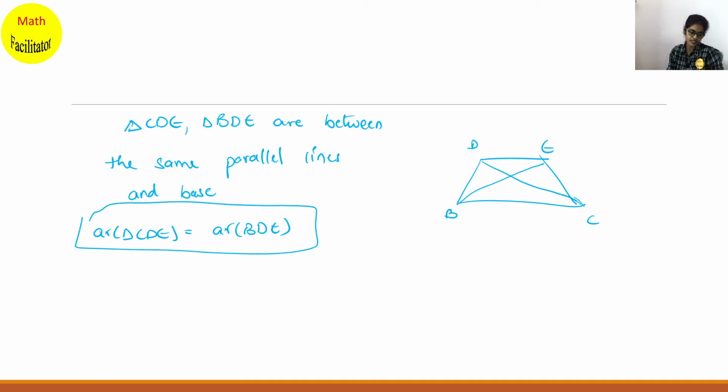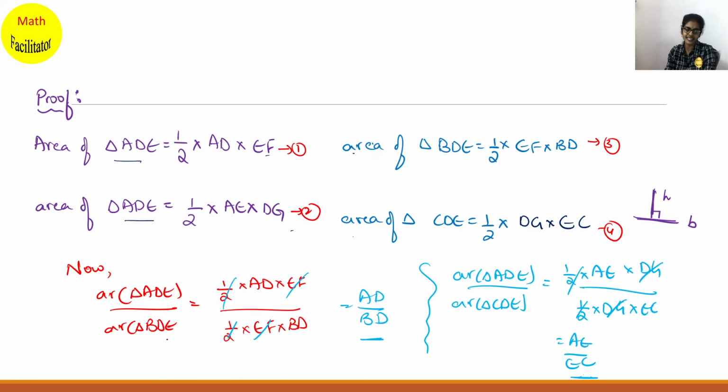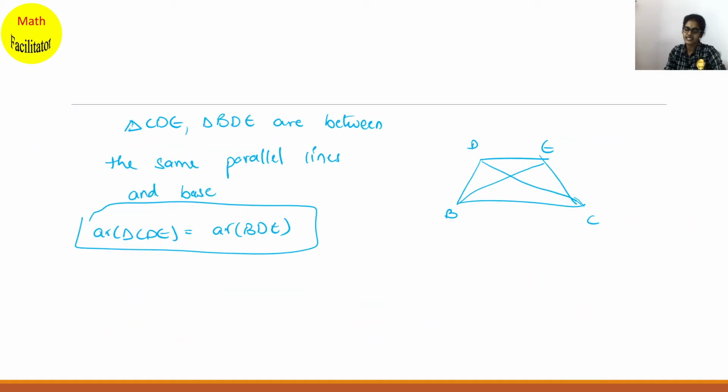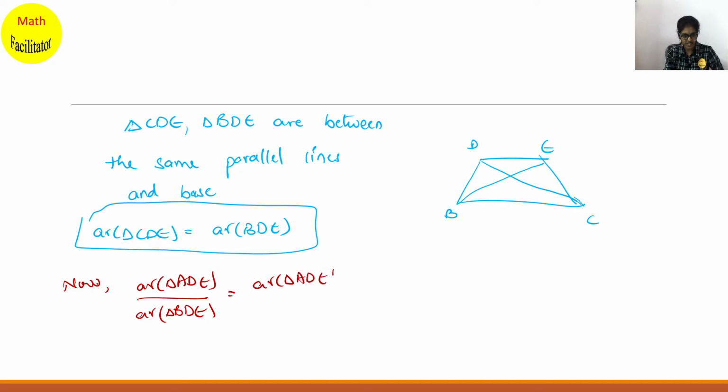Now let us go back to what we got. See here, you got this, isn't it? Area of triangle ADE by area of triangle BDE is equal to this. So now let's take area of triangle ADE upon area of triangle BDE. I am writing area of triangle ADE as it is, divided by area of triangle CDE, so I am substituting CDE instead of BDE.